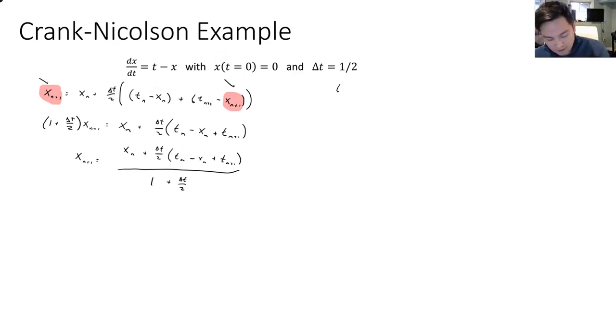So at t of n equals 0, our x of n value is also equal to 0, and our t of n plus 1 value is going to be equal to 1/2, as is our delta t value.